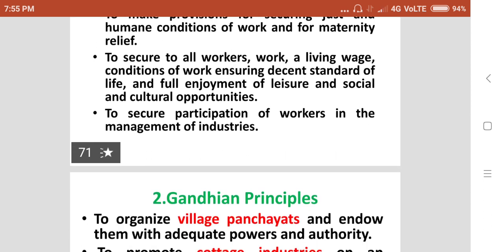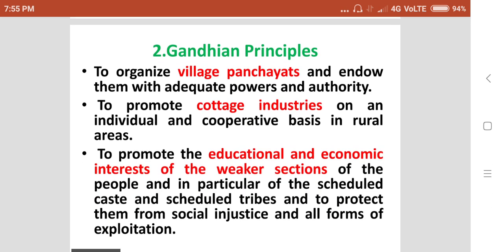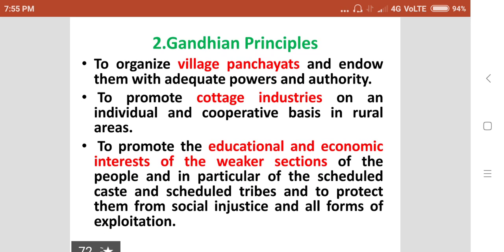So, these are the important socialist principles.